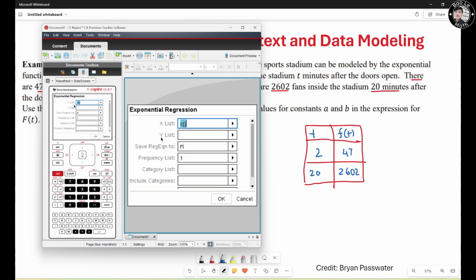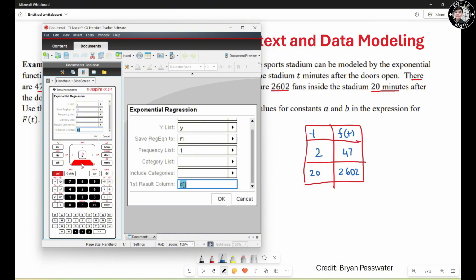Alright, so for the S list I put S, and for the Y list I put Y. Alright, right here, my function will be stored as F1, right? Move down, hit OK.